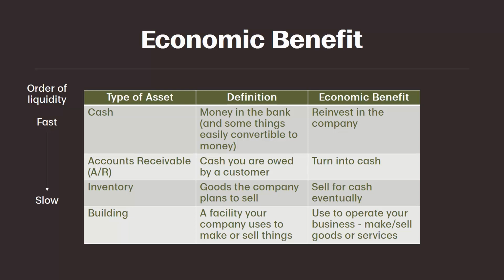And then we go down to accounts receivable, which hopefully will turn into cash fairly quickly. And then we go down to inventory. Inventory is further down the list of current assets because it is less liquid, meaning it takes more time to sell inventory and turn it into cash to actually get the cash from that sale. So that makes inventory less liquid than some of the other assets that we have listed before it.